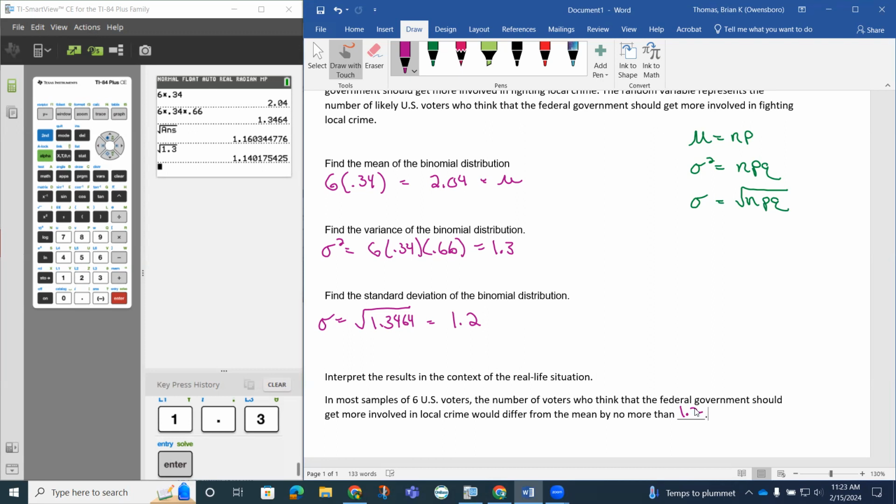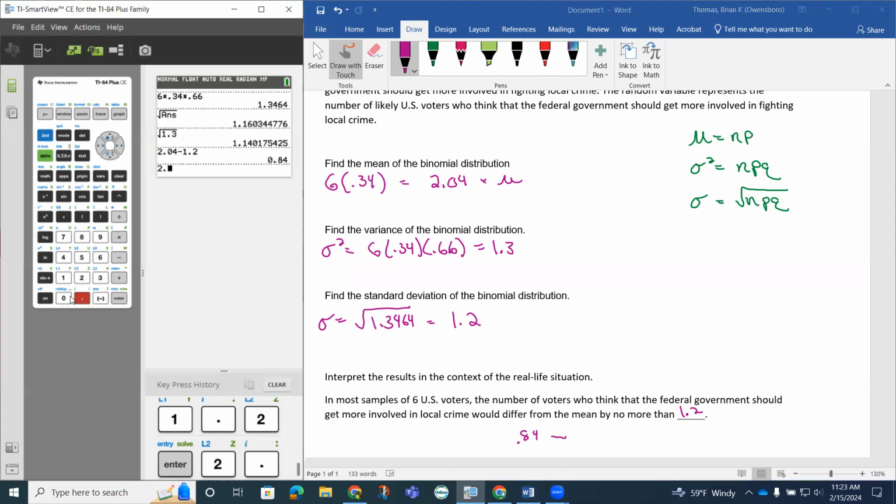So basically you're talking about a range. If you go 2.04 minus 1.2, that gives you 0.84. Then if you go 2.04 plus 1.2, that gives 3.24.